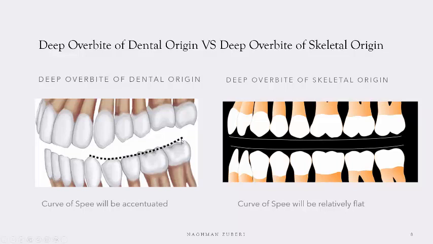In dental origin deep overbite, the curve of Spee will be accentuated, whereas in skeletal origin deep overbite, the curve of Spee will be relatively flattened.